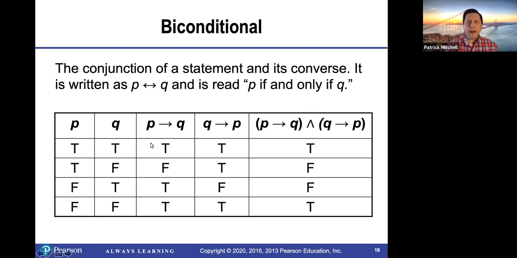So notice what we have here. We have our usual true, false, true, true under if P then Q. Under if Q then P, it's a little different. Well, the first part of if Q then P is Q, right?